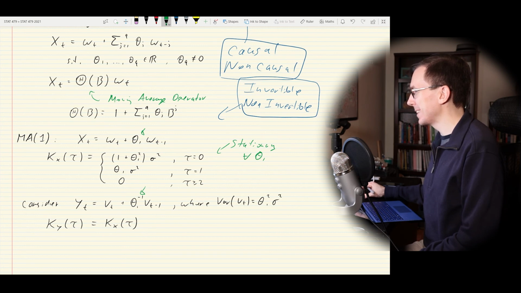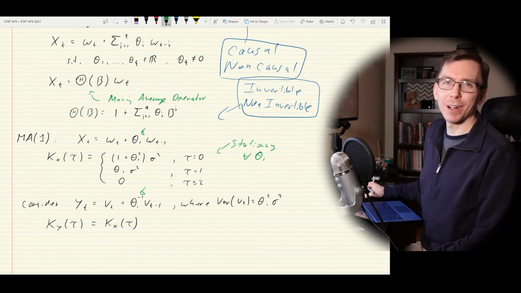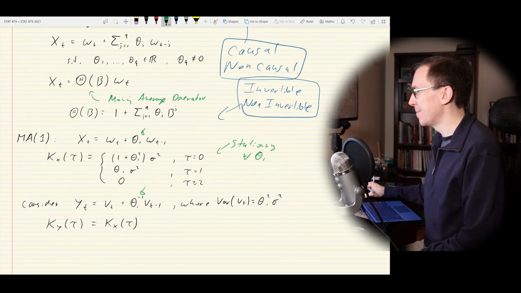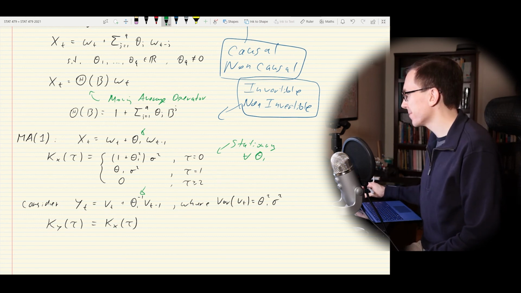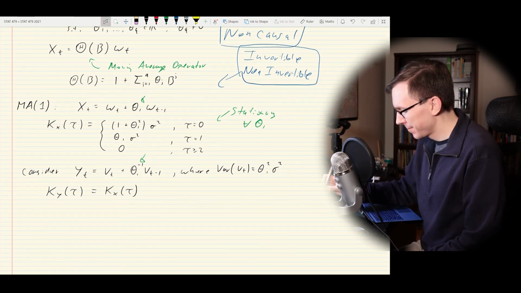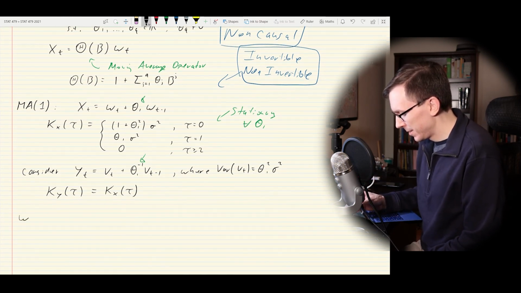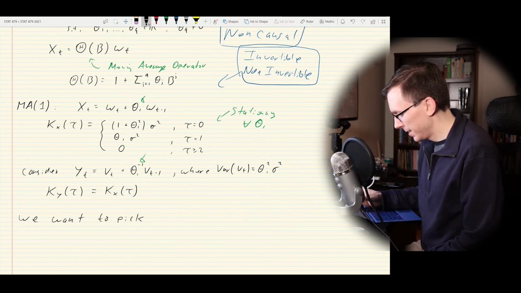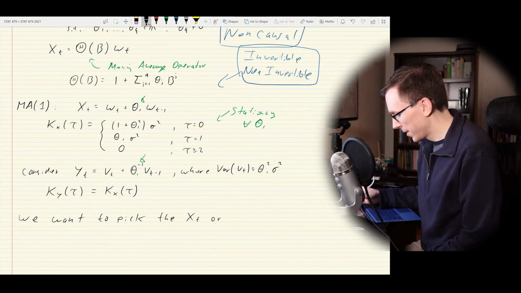Well, it's going to basically do what we did for the AR process, but do it backwards. What I mean by that is that we want to pick the x_t or y_t that is invertible.